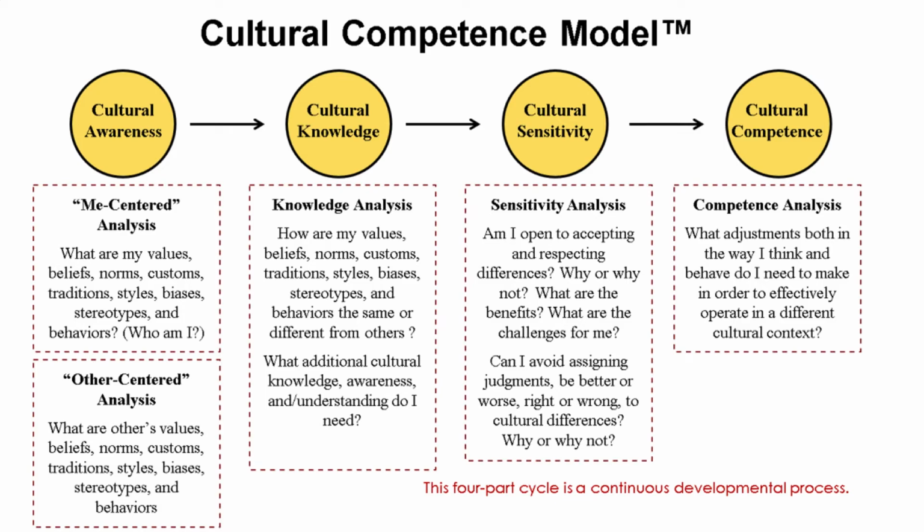So it's all about, like I said, understanding yourself, understanding the other person, understanding their culture, being sensitive to their culture, and then making adjustments to be able to meet that person's values, that person's beliefs and norms. Not necessarily to accept it, but to not make judgments and to respect that person. So that is the 4-part cycle, which we call the cultural competence model. That is a really important model for you to think about, and it's going to help you with your continuous professional development as well.